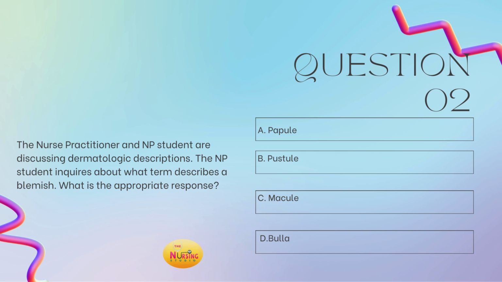All right, so the stem of the question here states, what is the appropriate response? So what are we responding to? The nurse practitioner and NP student are discussing derm descriptions, right? And the NP student is inquiring about the description for a blemish. So make sure you know your derm description terms.